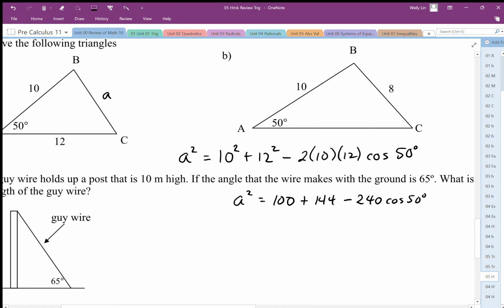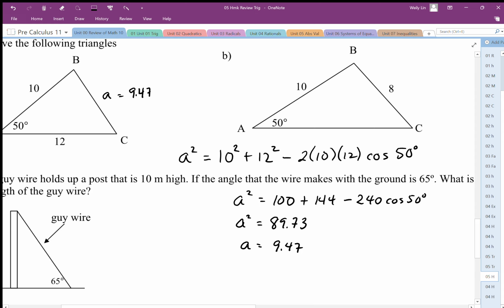Okay, typing that into my calculator, I get a squared equals 89.73 approximately. So side A is going to be the square root of that. So A is equal to 9.47. Okay, so that being 9.47.